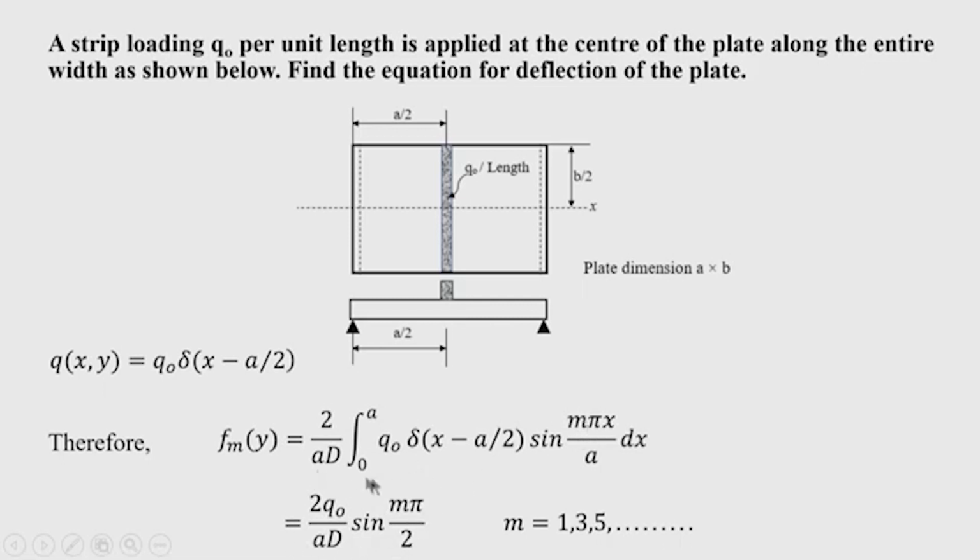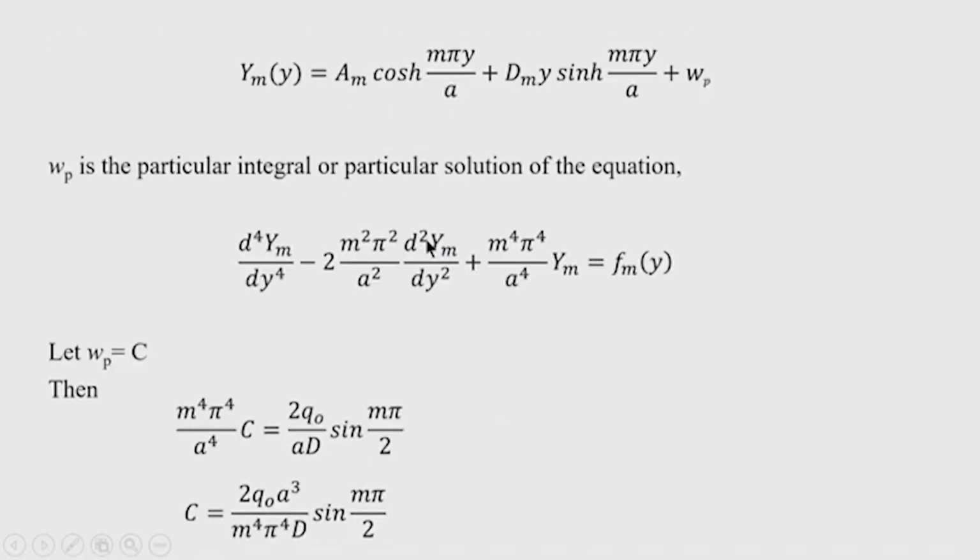This result is meaningful when m is equal to 1, 3, 5, etc. For even integers, this value will not exist, because this is again a symmetrical plate problem. So, I can now write this function as y m y equals a m cosh, d m y sinh, plus y p, where y p is the particular integral or particular solution of the equation.